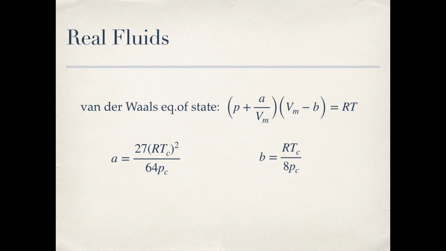These coefficients are related to the properties of the critical point. Actually, they involve the temperature and the pressure at the critical point, but anyway, they are determined by the critical point properties.